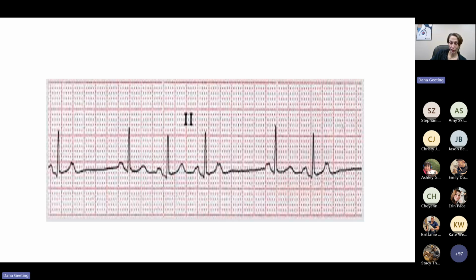But you have a PR interval that does march through, but right here you're completely missing a QRS wave. So your PR intervals stay the same. It doesn't elongate like it does in the AV block type 1. Your PR intervals stay the same. You're just going to be missing a random QRS complex.